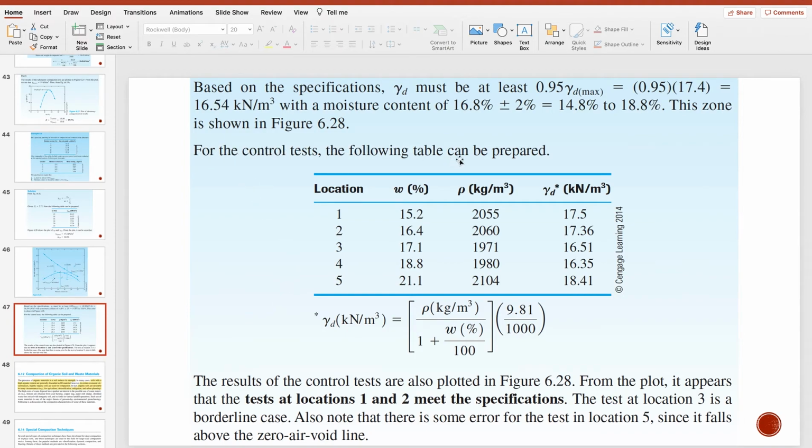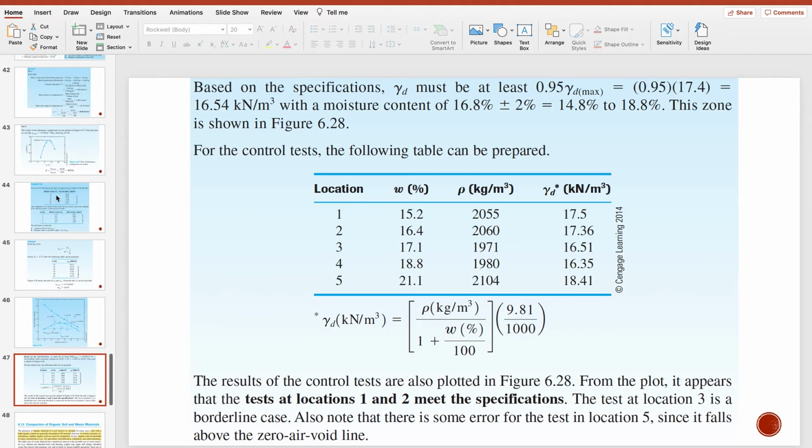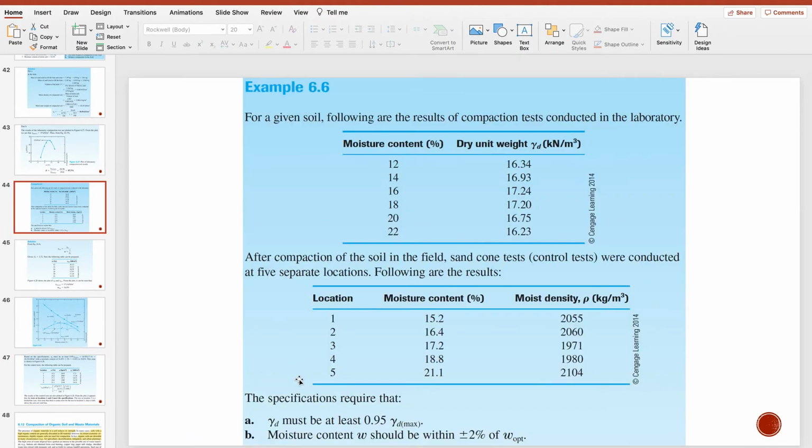For control test, the following table can be prepared. Okay? So, using those values, then therefore, itong mga location natin, pwede natin makuha yung ating dry unit weight. So, take note ha, sa problem natin, meron tayong iba't ibang location, 1, 2, 3, 4, 5. And meron tayong mga densities. And we have different moisture content.